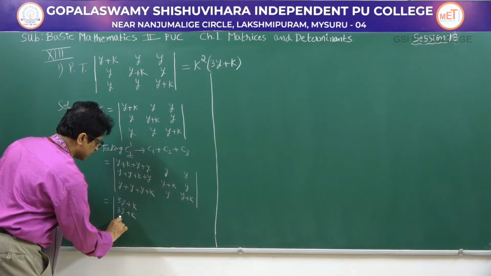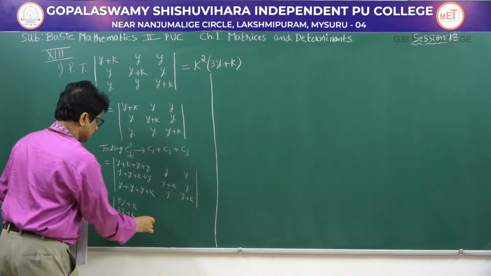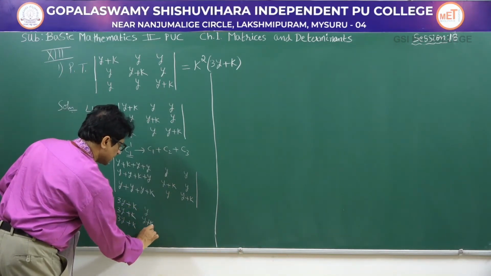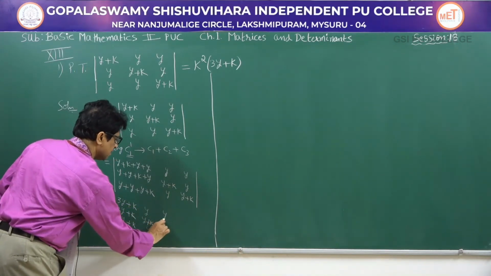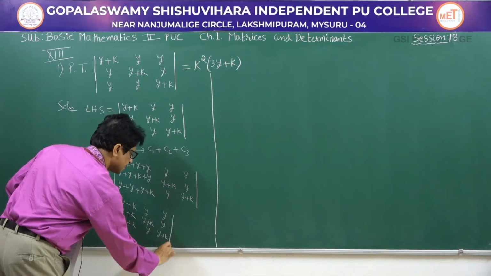Similarly, if you add all the terms, we get 3y plus k. And the remaining columns we have to write as it is: y plus k, y, plus k.